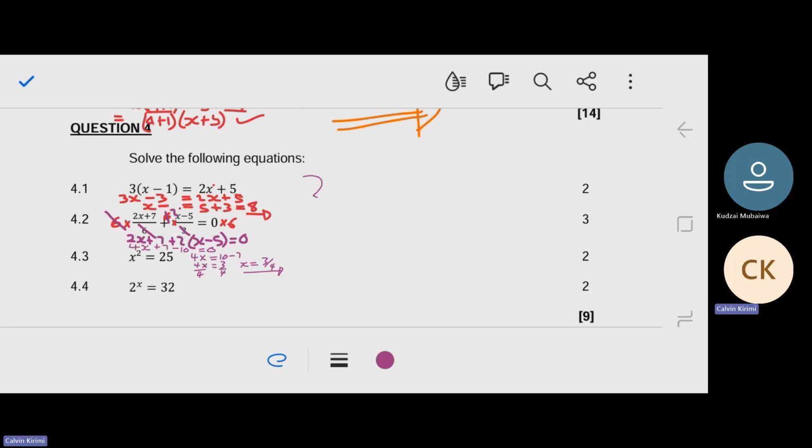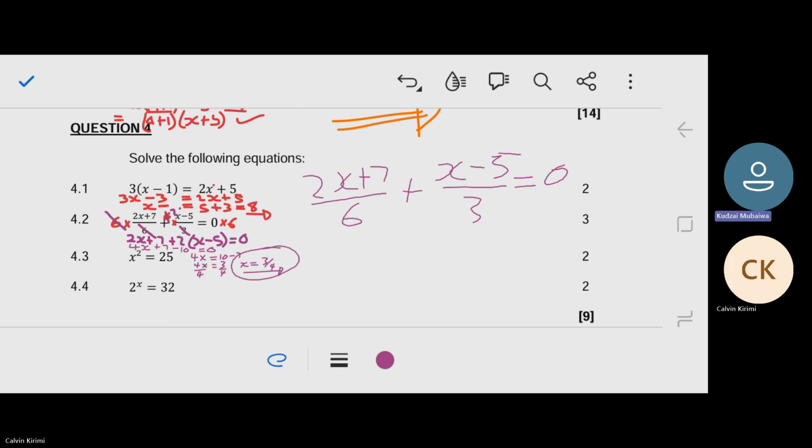If you are given 2x plus 7 over 6 plus x minus 5 over 3 equals 0, on the calculator, where there is x, you can replace that x with 3 over 4. Then you check if you are correct. Can I please quickly try it, sir? That's how you verify your answer.